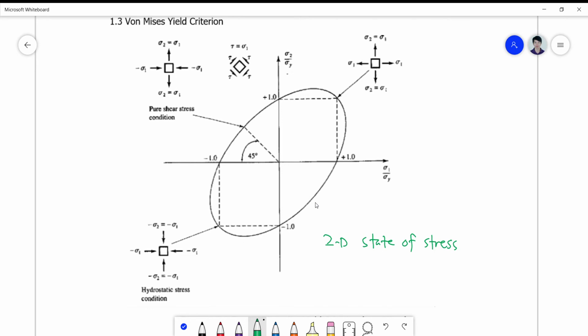Okay, so let me establish first the reason why, or the critical points identified by these points along the axis. Okay, so we have here one point there, another point here, another point here, and another point there.